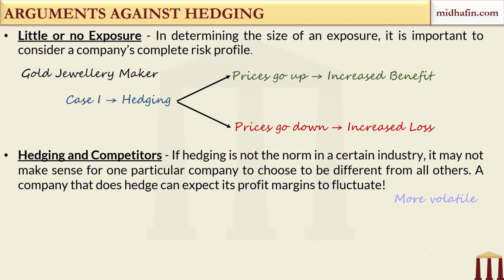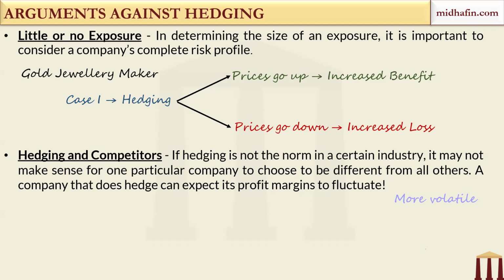The market behaves in that way where if the price of gold goes up, I'll not say raw gold, maybe processed gold, which comes to the makers, then by default, since there is no hedging among the competitors and in the market in general, the price of jewelry will also go up.